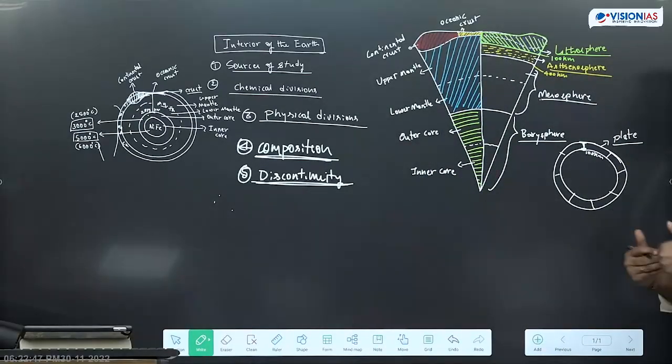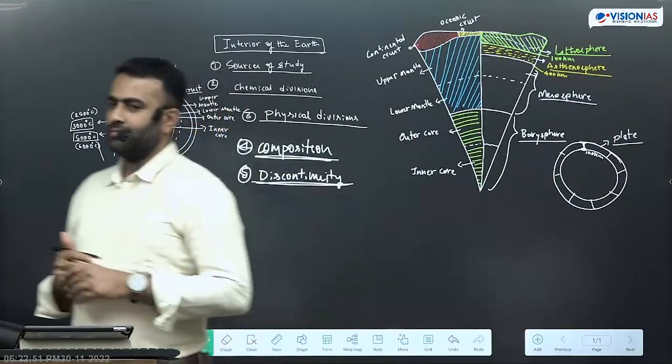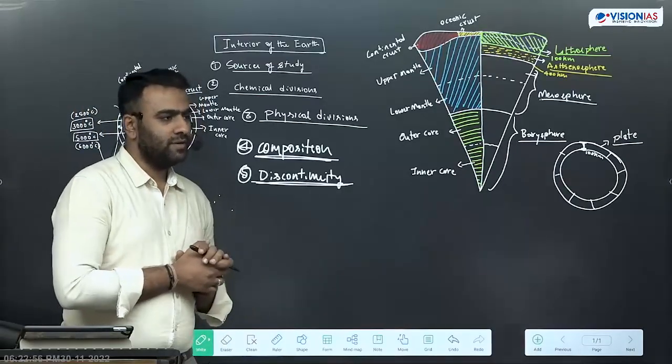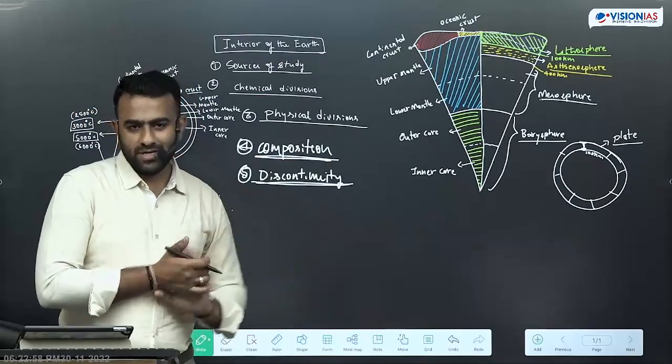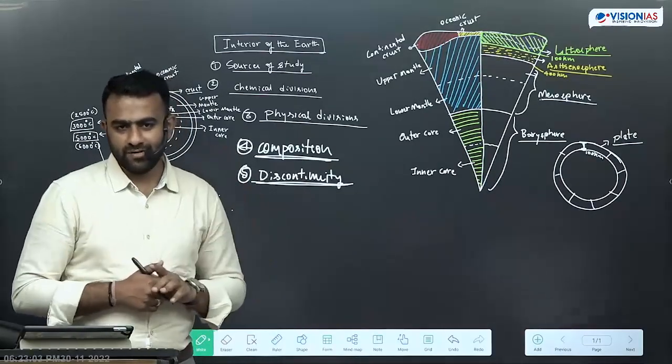A discontinuity is any transition zone between two different layers. It is a transition zone between two different layers of differing characteristics. So we have all the different layers in the Earth's interior. The characteristics of crust and mantle are different, mantle and core are different.